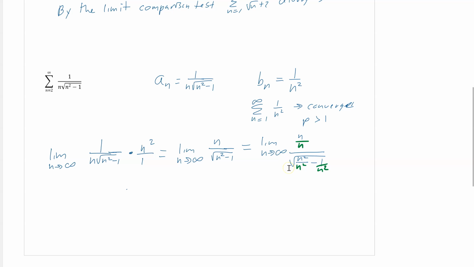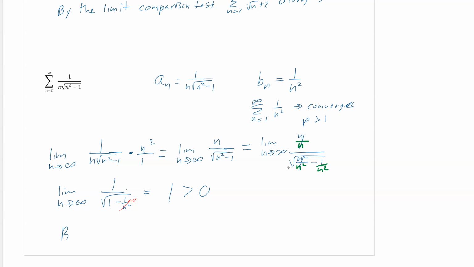So that's all that is. All right. That cancels, and we end up with the limit as n approaches infinity of 1 over the square root of 1 minus 1 over n squared. That goes to 0. And again, we get 1, which is greater than 0.